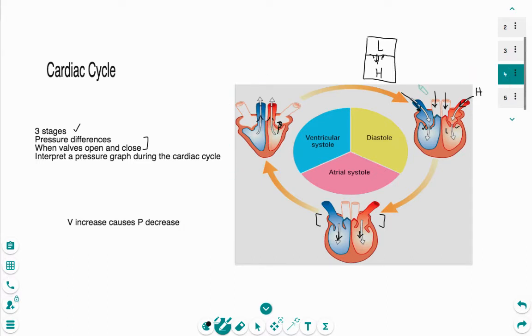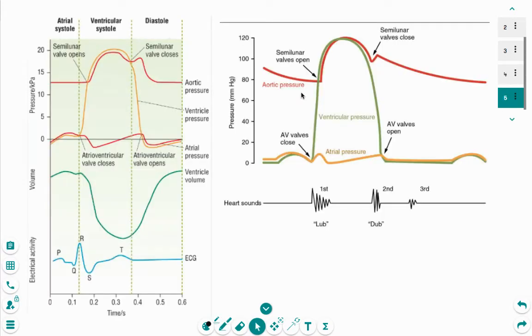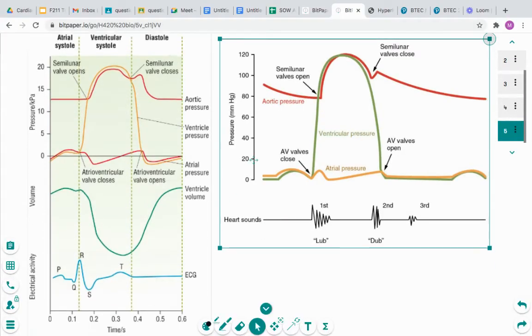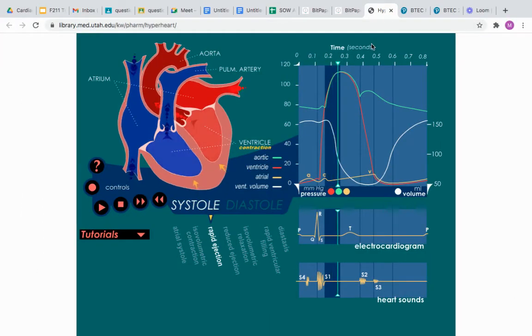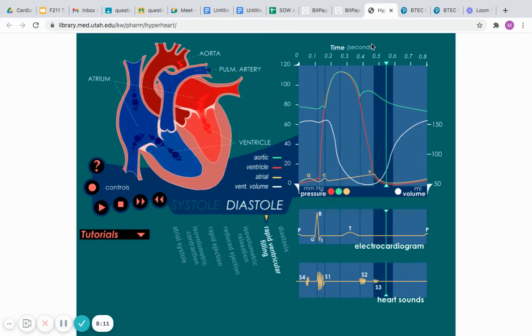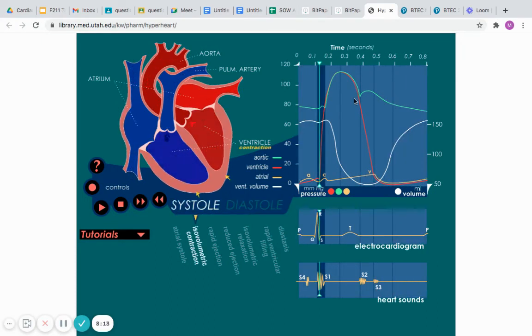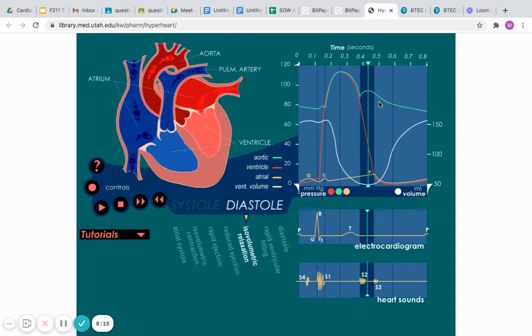And then the last thing you've got to be able to do is interpret these graphs here. So I'm going to quickly show you something else first. Right, so this is an animation of a heart contracting, and I'll talk about this graph on the right in a bit.